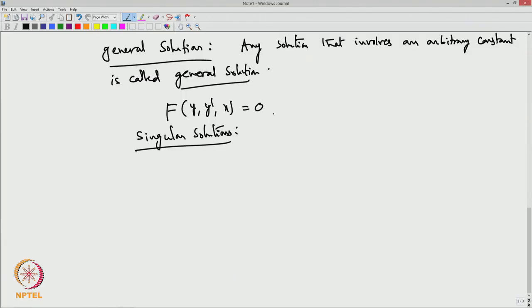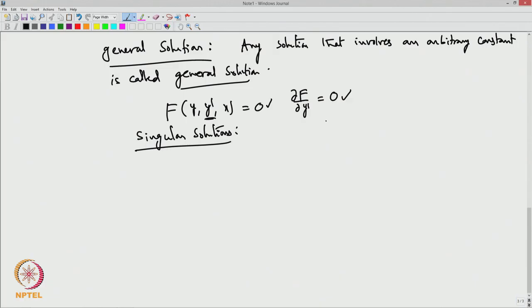There are ways to get these singular solutions. The idea is you get rid of y' by calculating ∂f/∂y' equal to 0. So, this is one equation, the given equation, and this is another equation. If you remove y' from these two equations, what you get is a solution in terms of x and y.